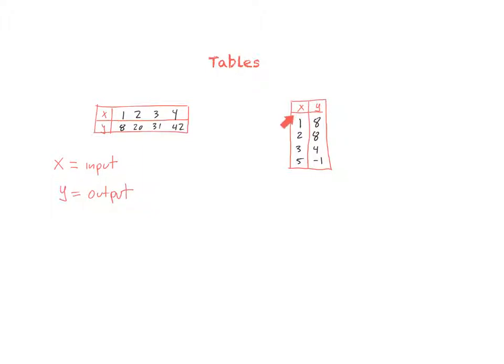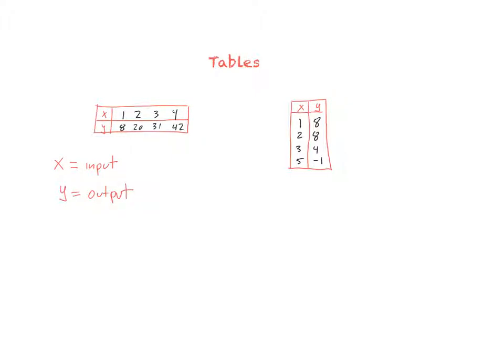Now, let's look at the second table right here. We have 1 goes to 8, 2 goes to 8. A lot of people get confused right here because they say, well, the outputs are repeating. But you need to keep in mind, again, going back to the example of a vending machine. Some vending machines will sell you the same thing, even though you have to press 2 different buttons.